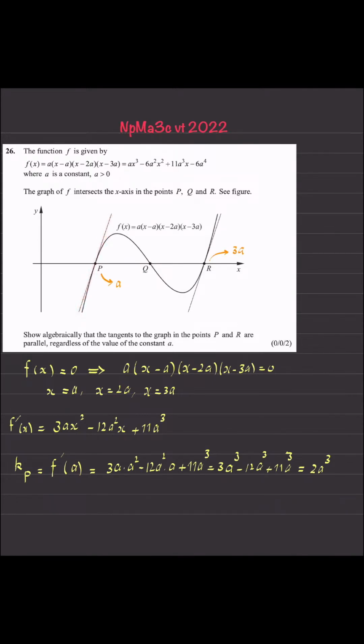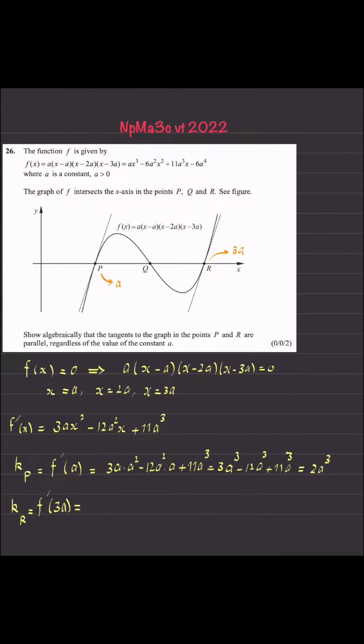Let us now calculate the slope of the right hand side tangent line. And this means that I need to calculate the k value for point R. So I have to calculate the derivative at the x coordinate of point R, which is 3a. So this time I go back to my derivative and replace every x with 3a.